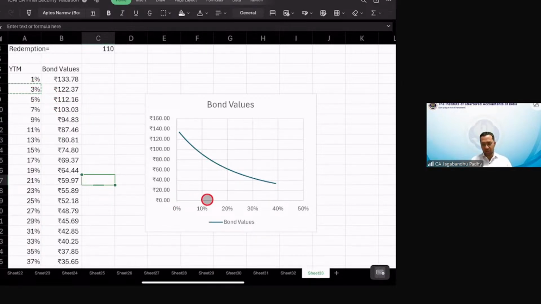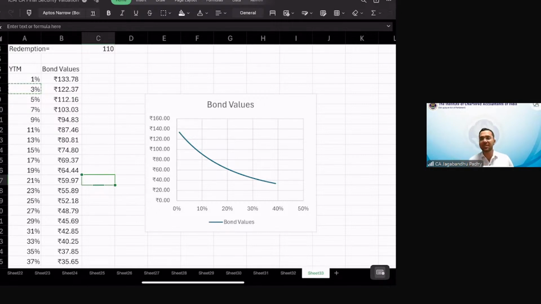So at varying degrees of YTM, we observe that the value of the bond is definitely decreasing, but it's not decreasing in a linear fashion. It's not a straight line which is falling. Rather, what we observe is a curvature.